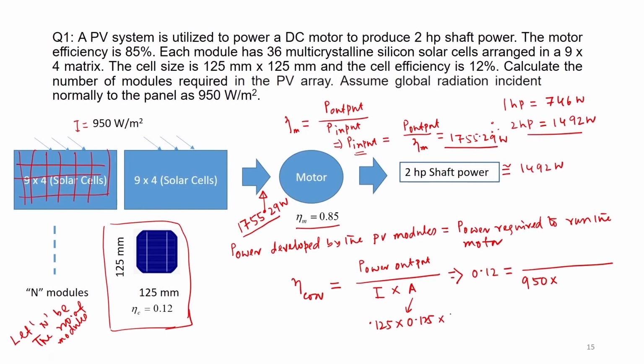There are 36 cells, arranged in a 9 by 4 matrix.